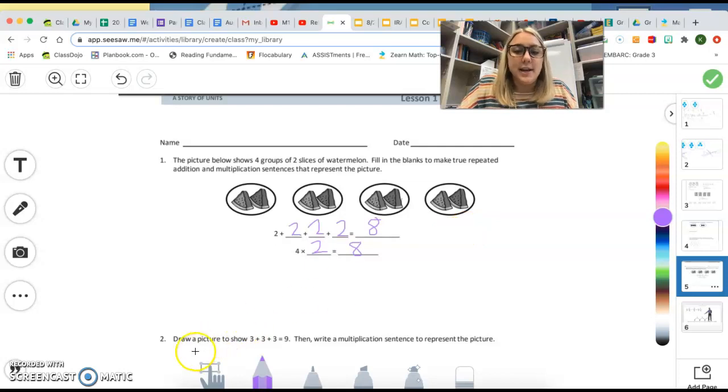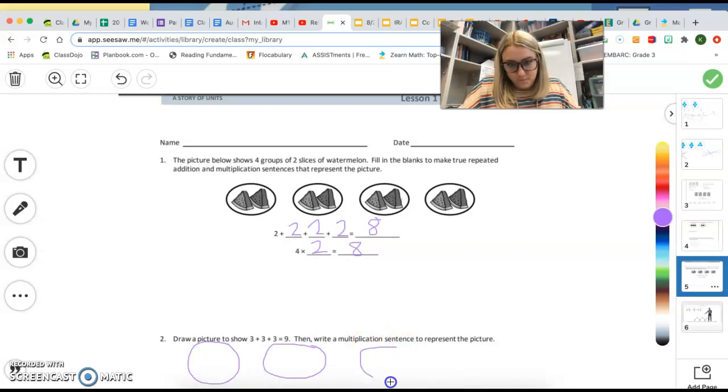Okay, let's look at the second one. Draw a picture to show 3 plus 3 plus 3 equals 9. Then write a multiplication sentence. So I know here if I have this repeated addition, 3 plus 3 plus 3, I'm going to have 3 groups with 3 in each of them.